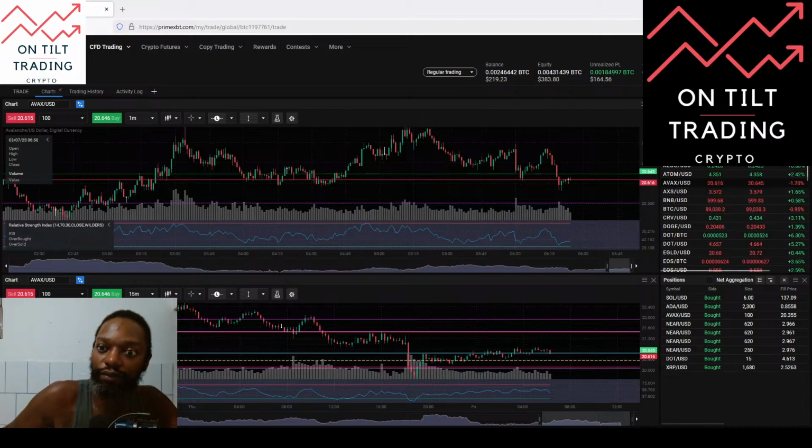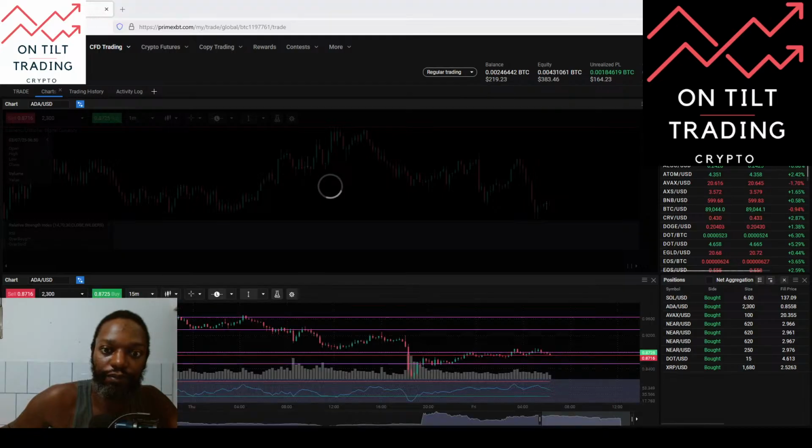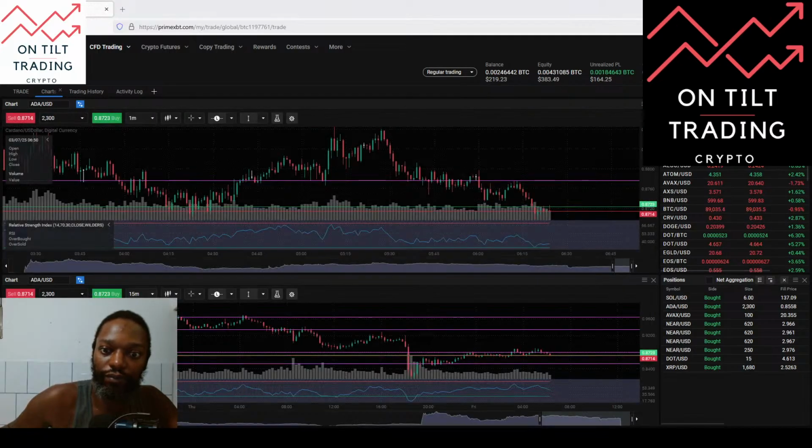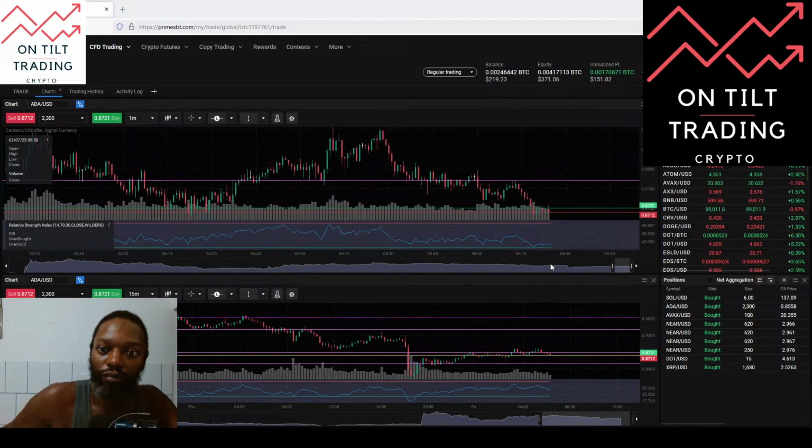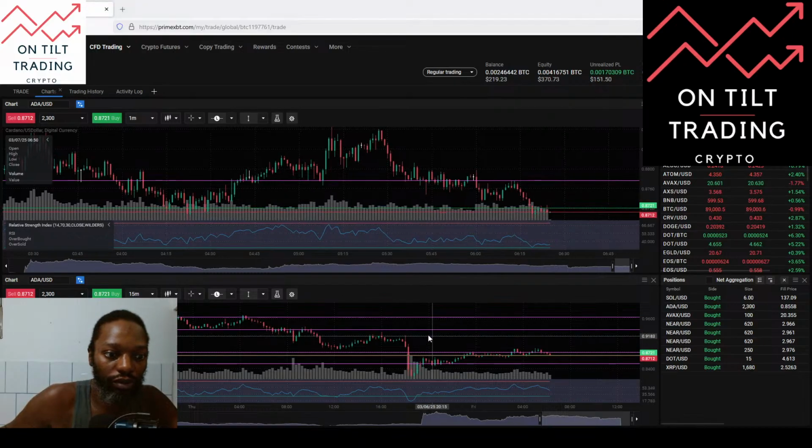Next up, Cardano. Okay, so Cardano, similar trade here.